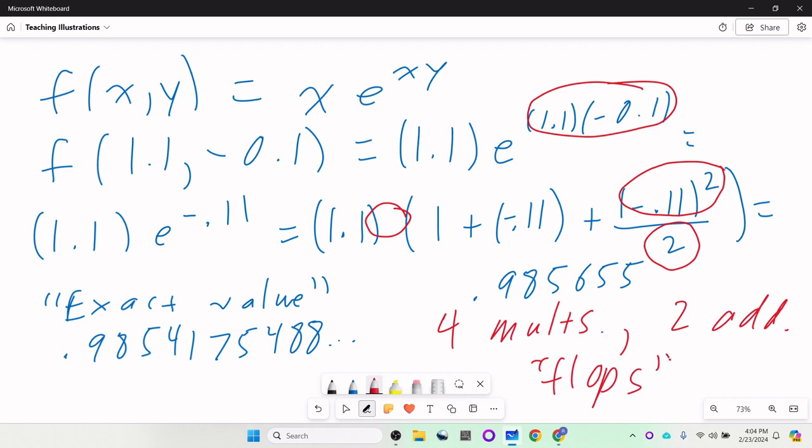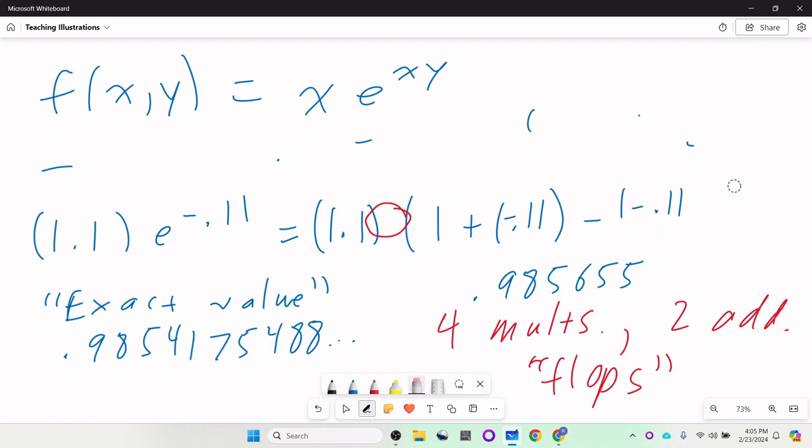I'm not sure exactly what a flop is, but it has to do with how many operations are needed. So it had to do 4 operations to get this decent estimate. And think about if you're programming something that has to do thousands upon thousands of these, just how much processing time that uses. So what if, instead of using some sort of series expansion, we just use a linearization? We just use a tangent plane.